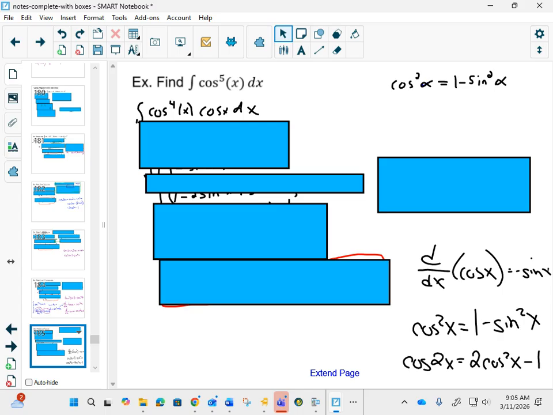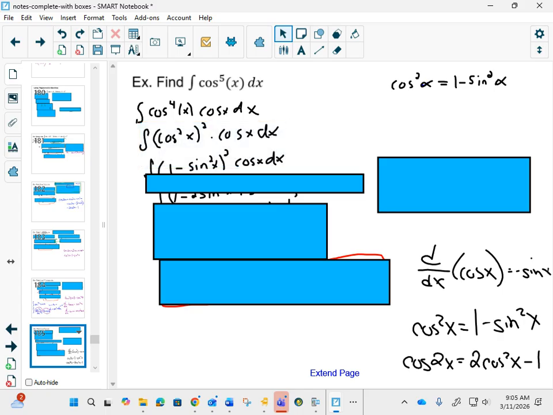We got to choose one of those. If I break this up to cos to the 4x and cos x, and I change this to 1 minus sine squared twice, well, then I should also add to my options that the derivative of sine x is cos x.